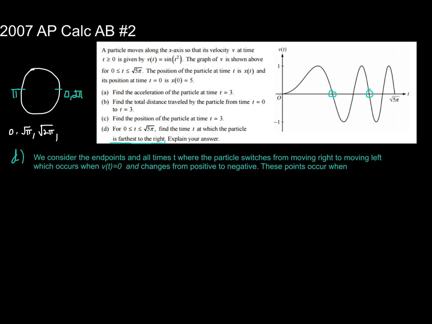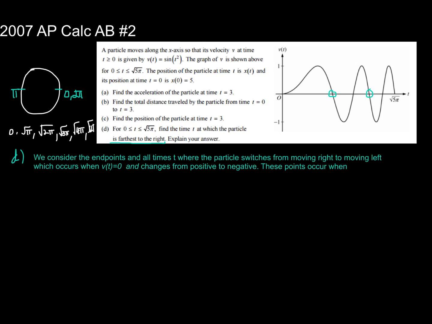And then continuing along, also at 3 pi, so that's going to give me the square root of 3 pi. Continuing along again, so I've gone around once, 3 pi, again at 4 pi, so that gives me a t value of the square root of 4 pi. And then again, finally at the square root of 5 pi, which would be back here again.